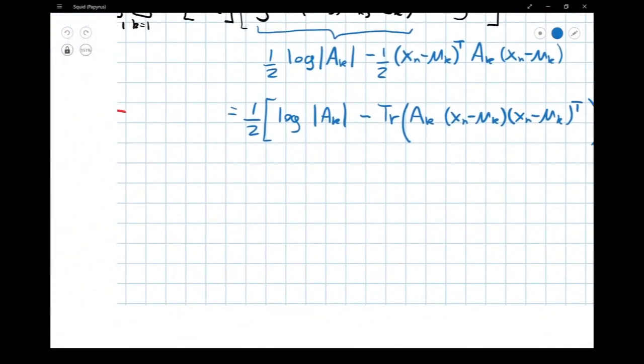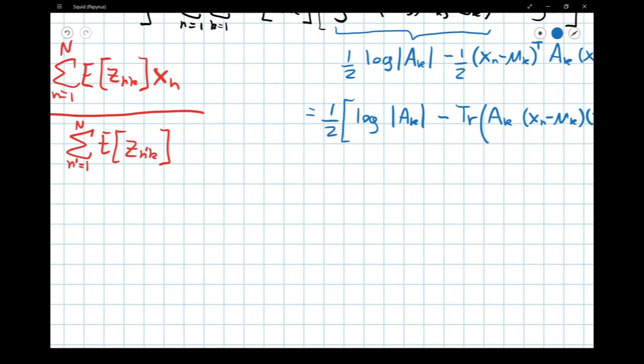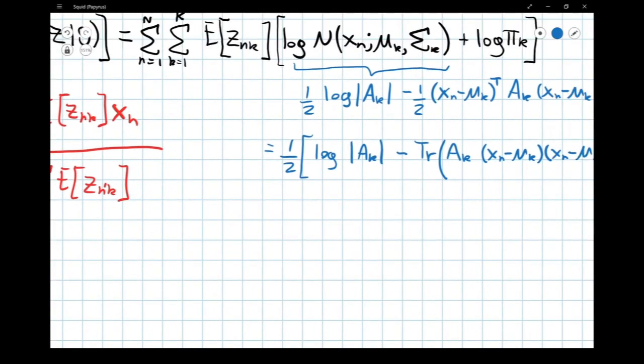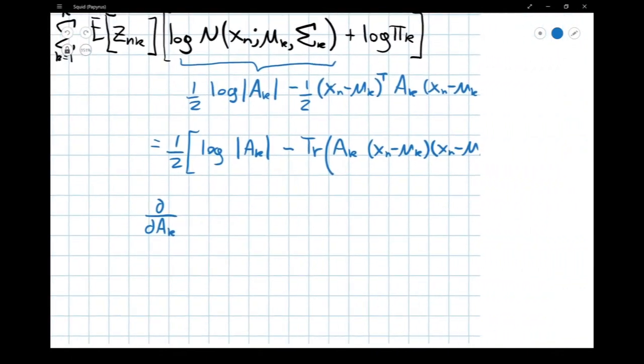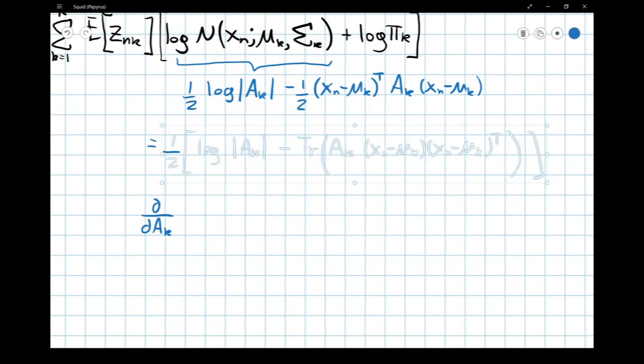So I'll write them over here. So what we want to do is find the derivative with respect to the kth precision matrix of this stuff.